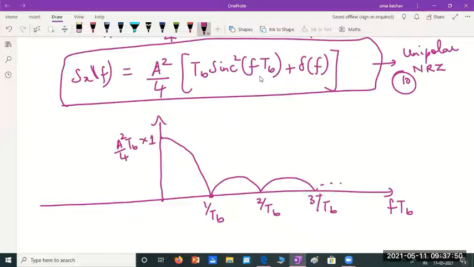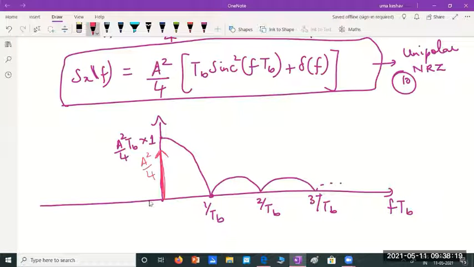How do I plot the second part of this signal? What is the second part? It is just an impulse. The second part is an impulse at 0 with amplitude A square by 4.